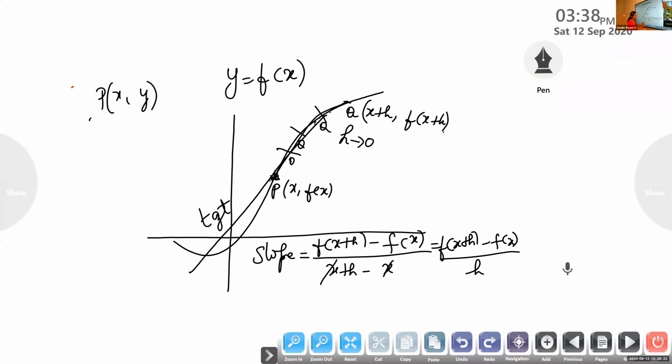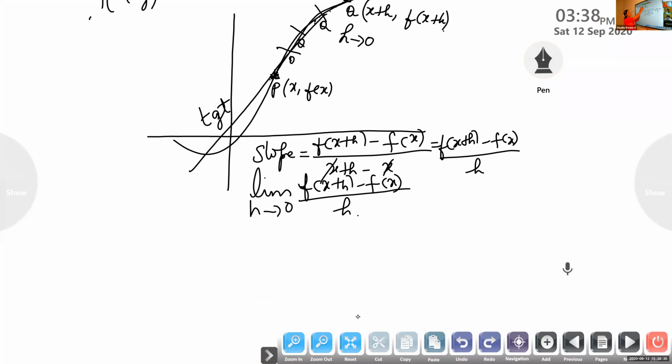So we can denote this as limit h approaching towards 0 of f of x plus h minus f of x by h. So this value, listen children, I have taken Q above P. Likewise here also you can take Q below P. So from the left hand side or from the right hand side, it may be above or below.